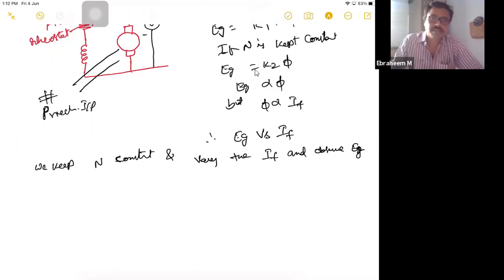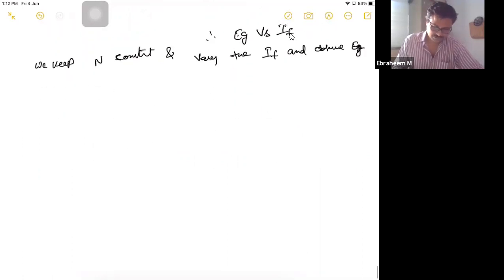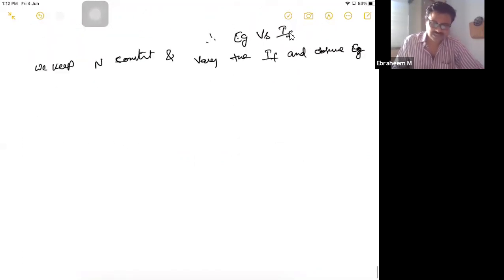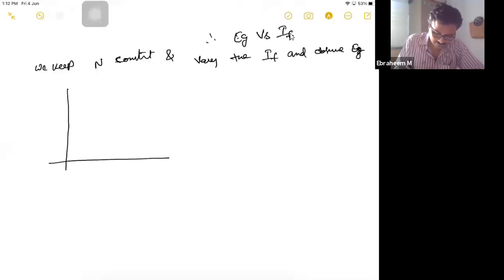That means read the voltmeter. Take the values from the voltmeter for different values of If. So if you see for this self-excited generator, we draw the graph here. So this is If, and here we have Eg in volts.